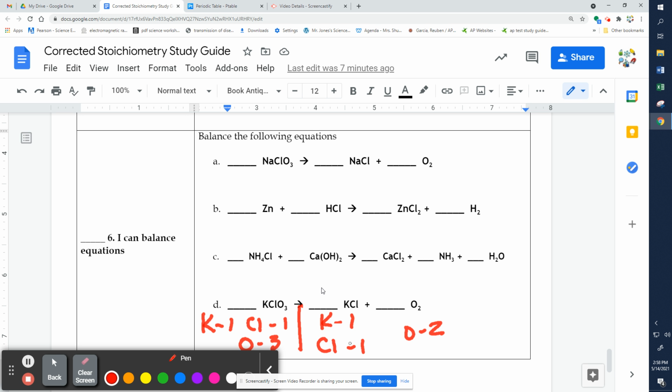Again, the lowest common multiple is 6, so I'm going to multiply this side by 3, this side by 2. That also changes my potassium and my chlorine. So now I need to multiply my right side potassium chloride by 2 to change those. And then everything is happy.